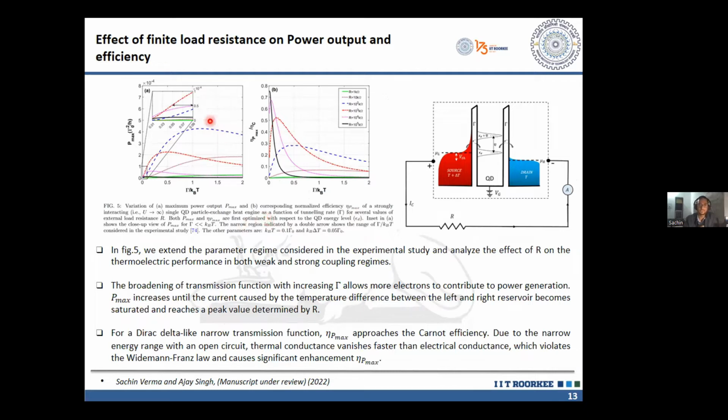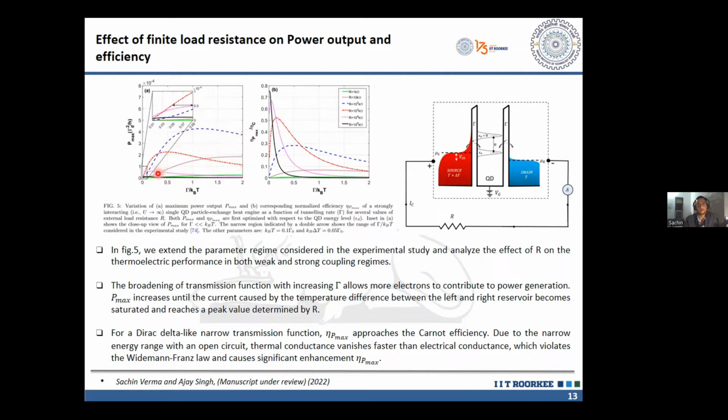Okay, now the experimental range is very limited when this gamma is small. So this inset here shows the experimental limit. These small double arrows show the values of gamma by kBT which are considered in the experimental study. However, we extended the maximum power output and efficiency to other parameter regimes.